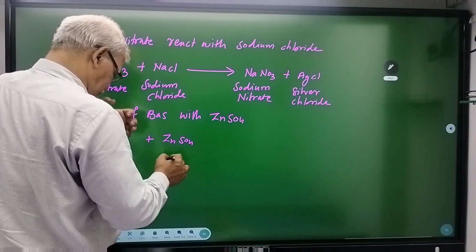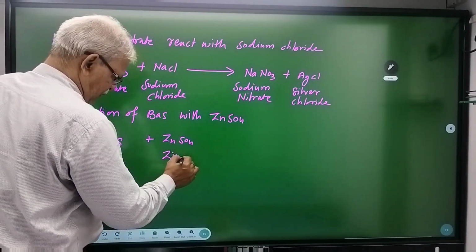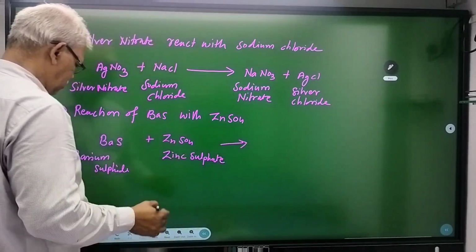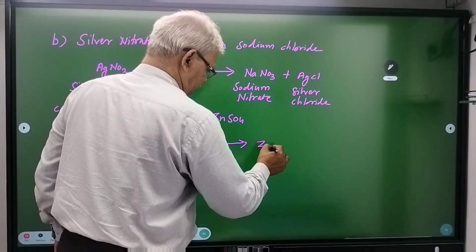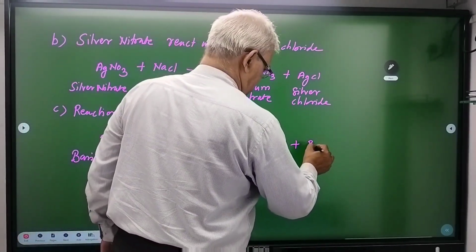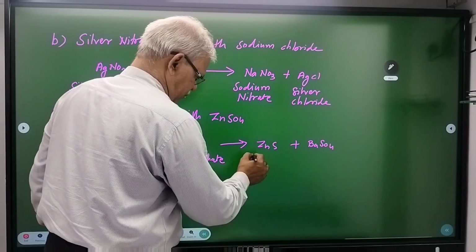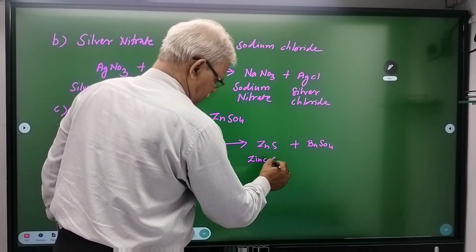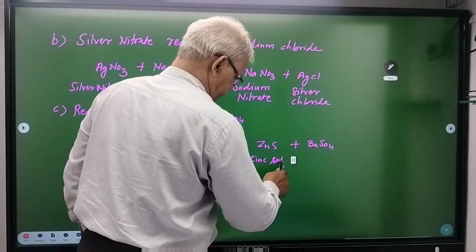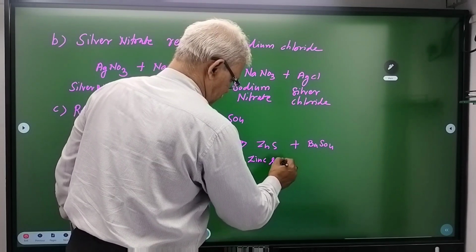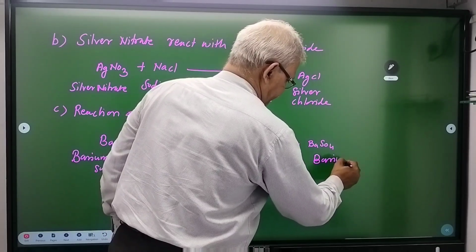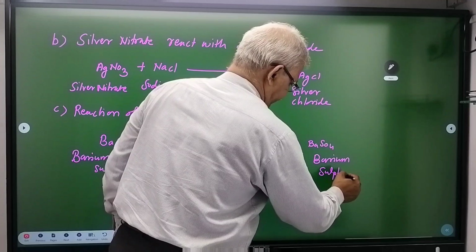Barium sulfide with zinc sulfate forming zinc sulfide and barium sulfate.